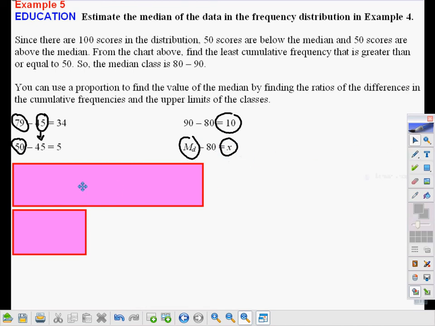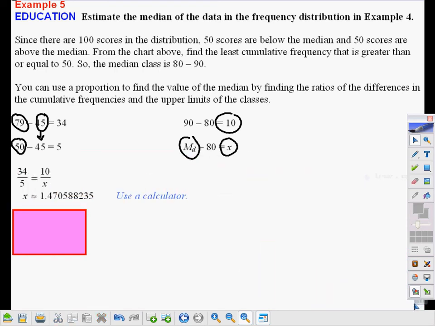Now, what I'm going to do is I'm going to use a proportion to solve this. I say this 34 to 5 is equivalent to the 10 to this x, 10 to the x, okay? I do a little cross product property and I can find x to be 1.47.